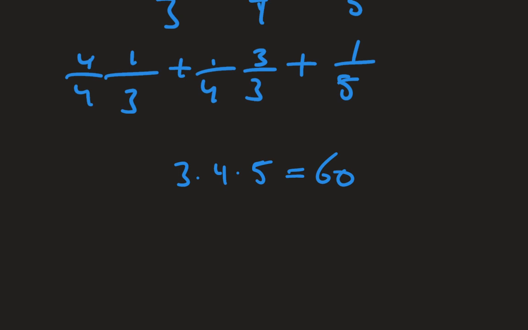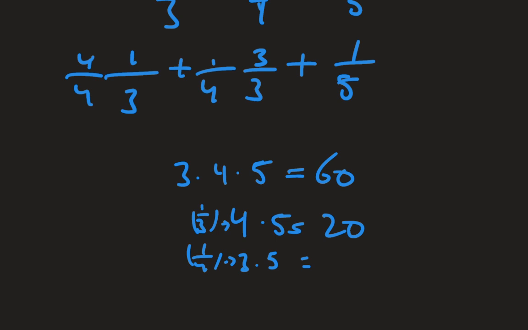When we're looking at how to add it then, for the 1/3, we have 4 times 5, that's 20. Just write a little 1/3 right there, a little arrow maybe. For the 1/4, it's 3 times 5, which is 15.